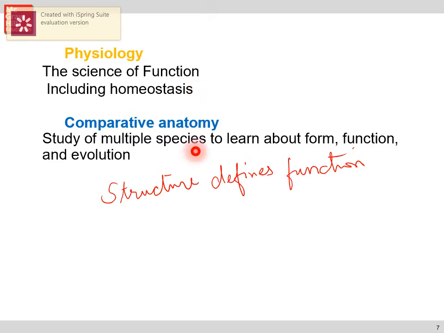So keep in mind, structure defines function. You will hear this a lot as we progress through the subject. So eventually we'll look at each organ and organ system individually, and towards the end, I'm hoping you understand how different systems are tied up together.